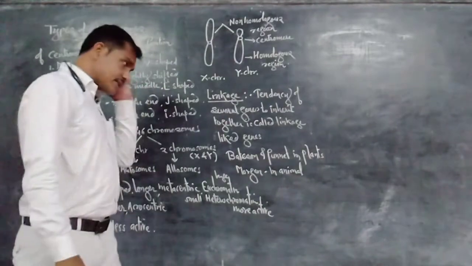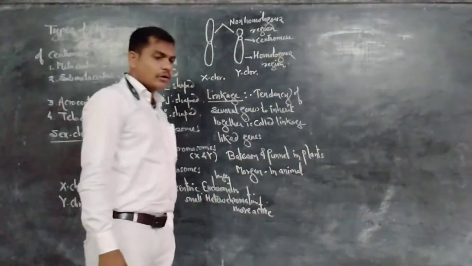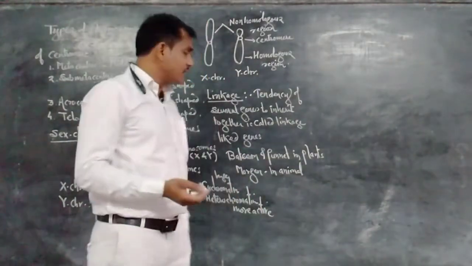Linkages are of two types: complete linkage and incomplete linkage.